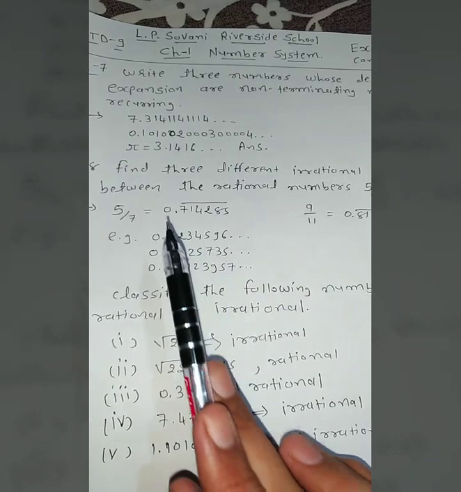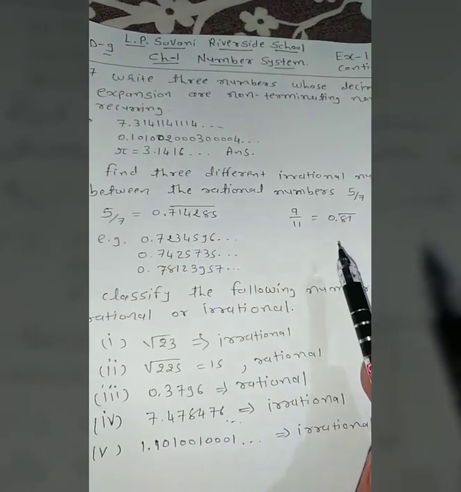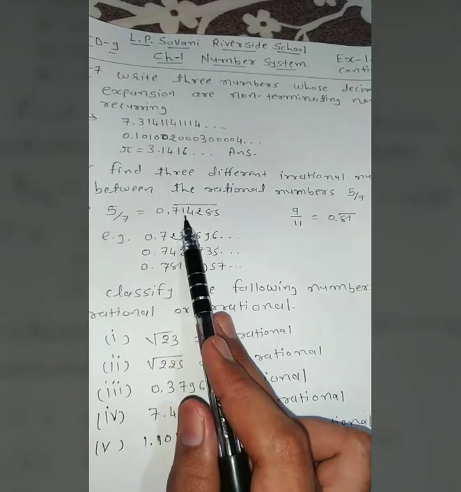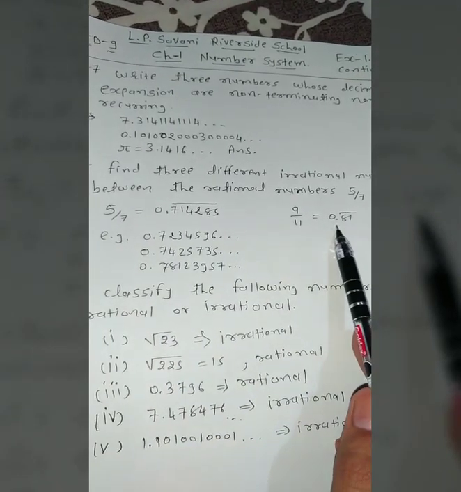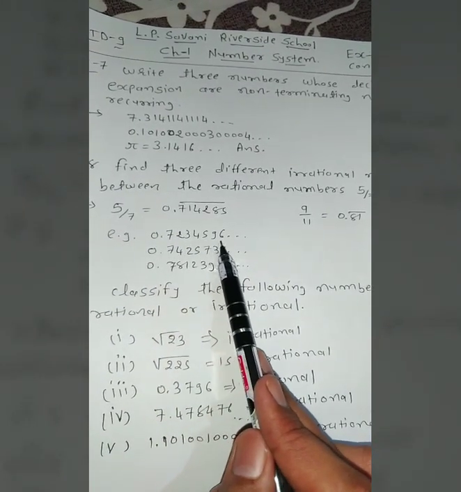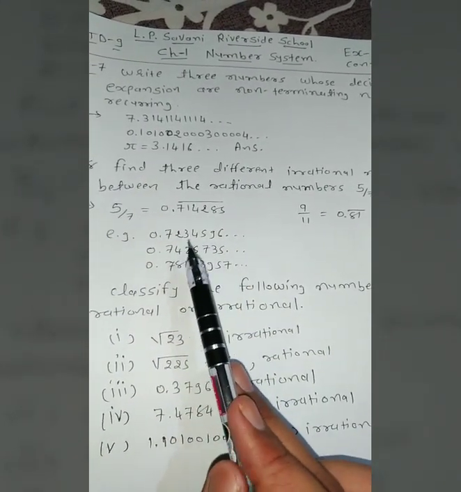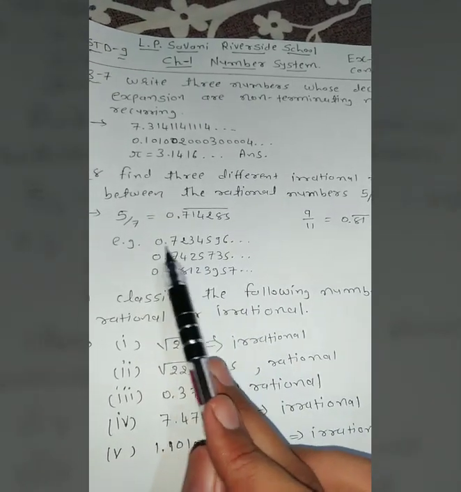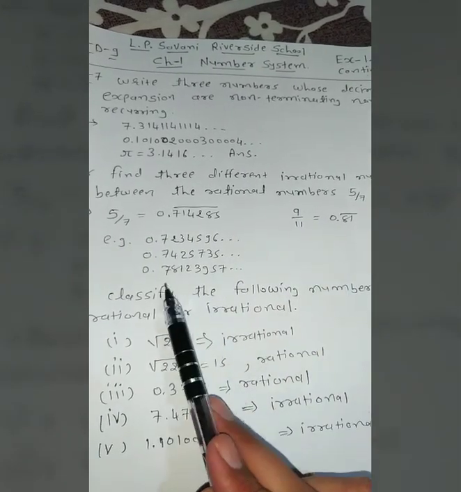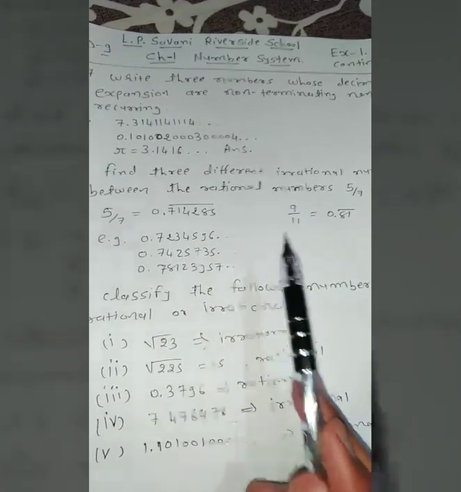You can take any number between 0.71 and 0.81. You can see that 0.72 is greater than 0.71 and less than 0.81. So I take 0.723456, and next I take 0.74. It is also between 0.71 and 0.81, and so on up to infinity.